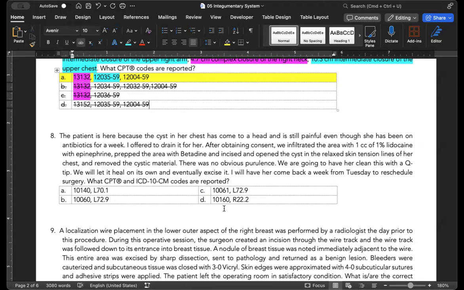Incision and drainage, cyst, and then skin. That sends us to codes 10040, 10060, and 10061.